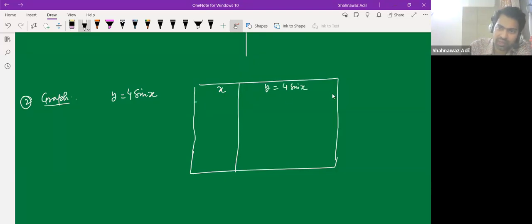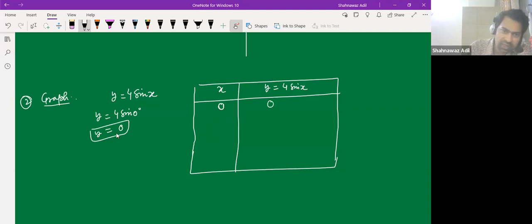So let us find this value at 0. At x equals 0, y would be 4 sine of 0, right? Sine 0 is 0, so this would be 0. Now at x equals 90, y is 4 sine of 90, right?